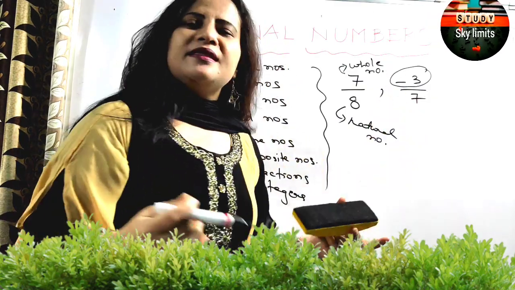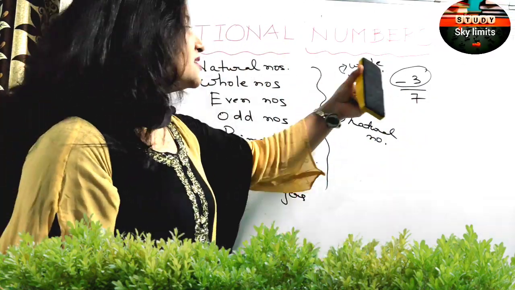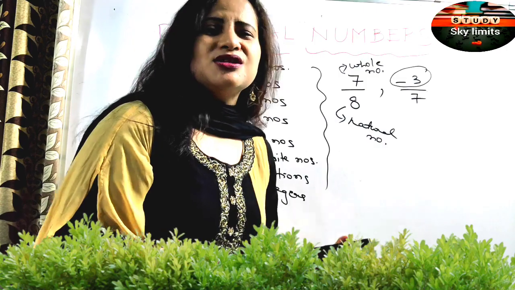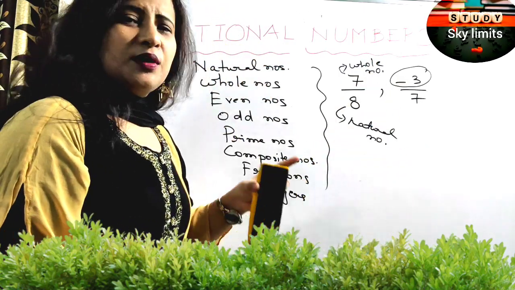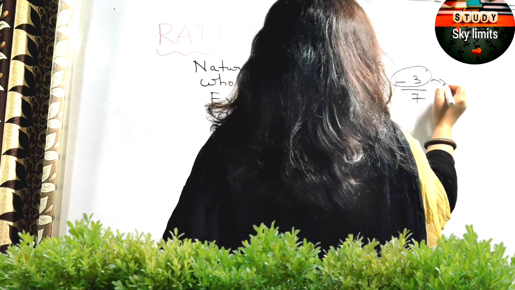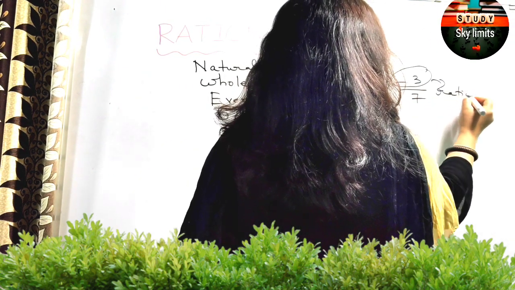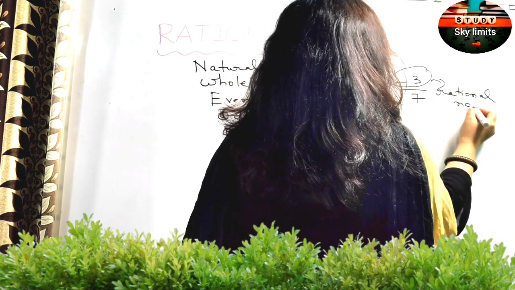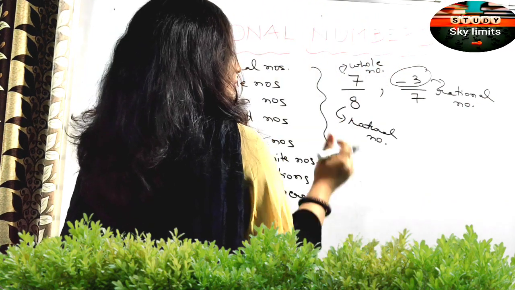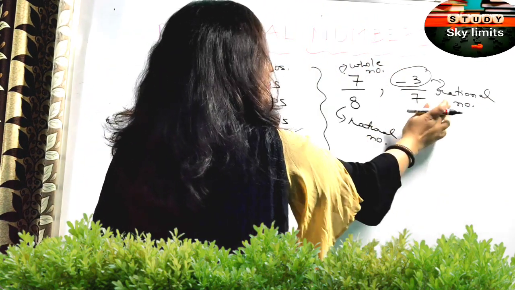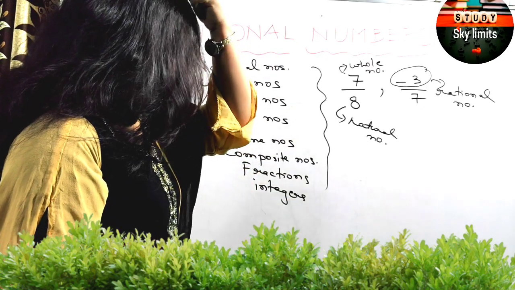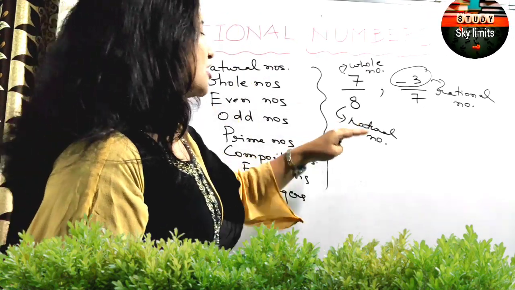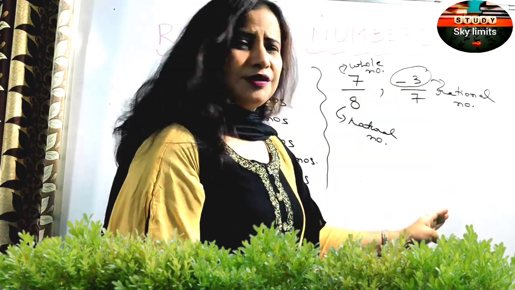7 is a natural number, that's true. But minus 3 is a negative number, it's an integer. So it is not a whole number. So it is called a rational number. Yes or no? That means, how can you define now the basic difference between a fraction and a rational number?